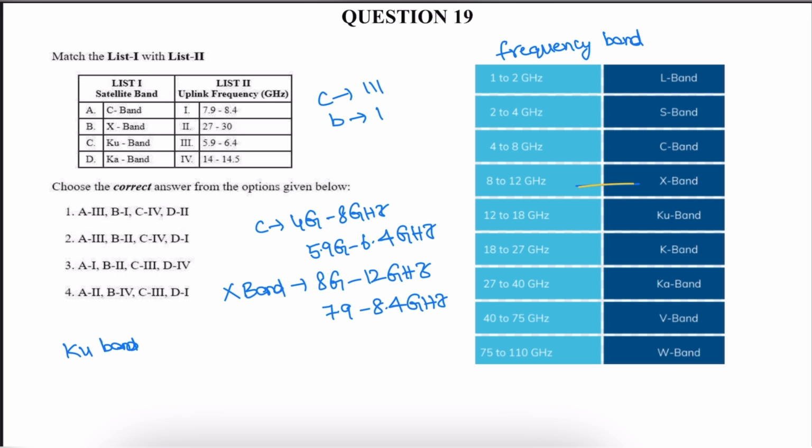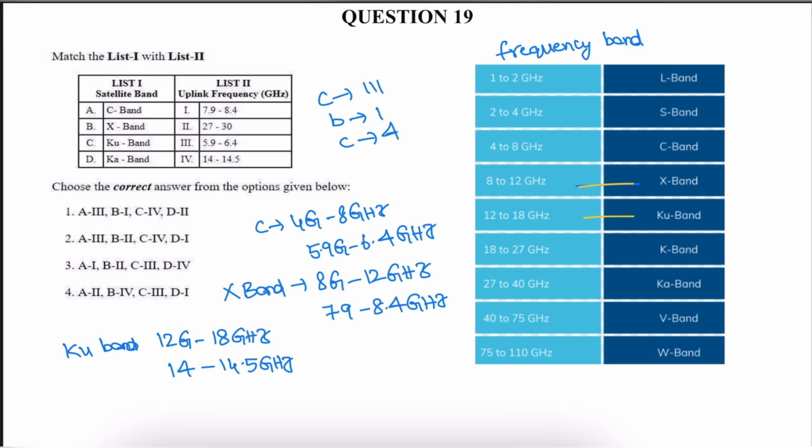Next is KU band. For KU band, 12 gigahertz to 18 gigahertz. From the options, that is 14 to 14.5 gigahertz. So C is 4.